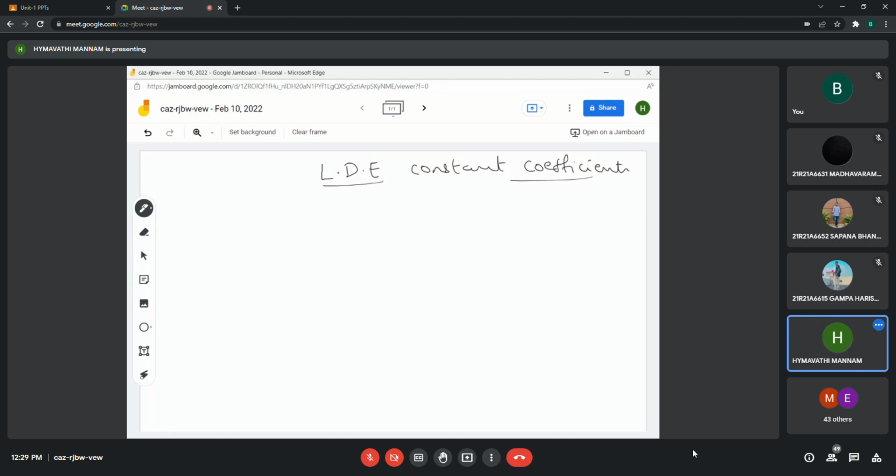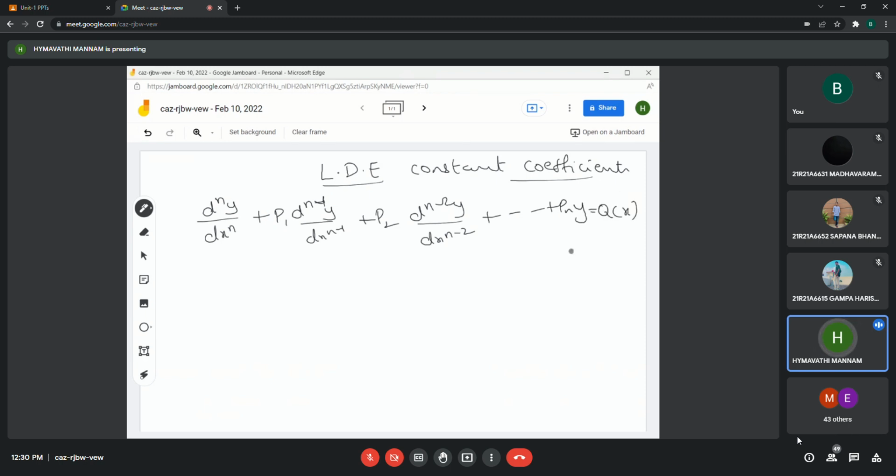Here the differential equation is of the form d^n y/dx^n plus p1 times the (n minus 1)th derivative plus p2 times the (n minus 2)th derivative and so on, plus pn y is equal to q of x.